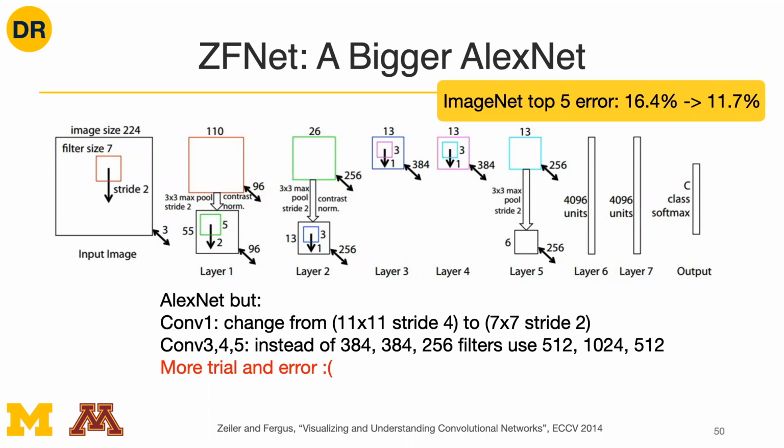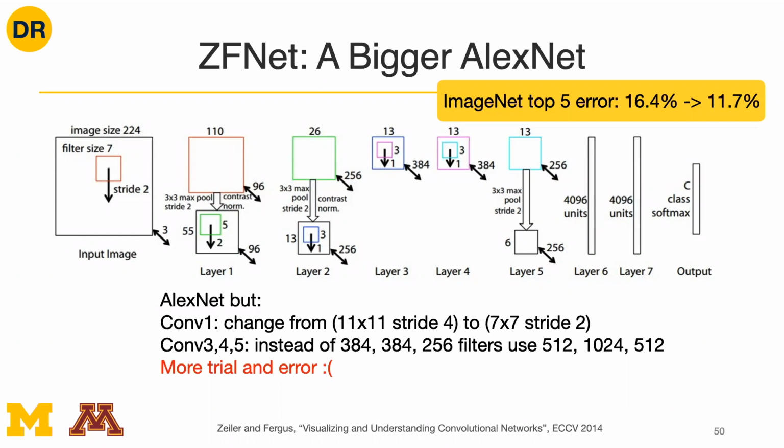And with more filters, your receptive fields increase, which also helps in understanding the observations of the input better than the earlier work. Apart from that, there is no significant difference between AlexNet and this network. Same number of layers, just that they made the network bigger.